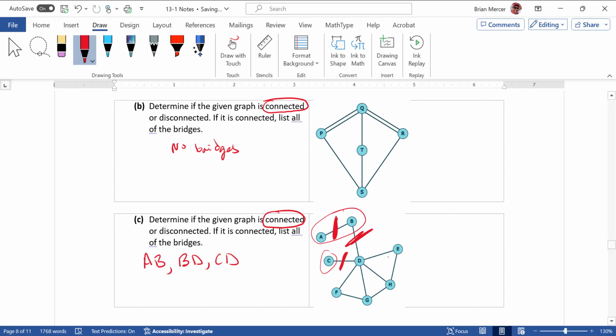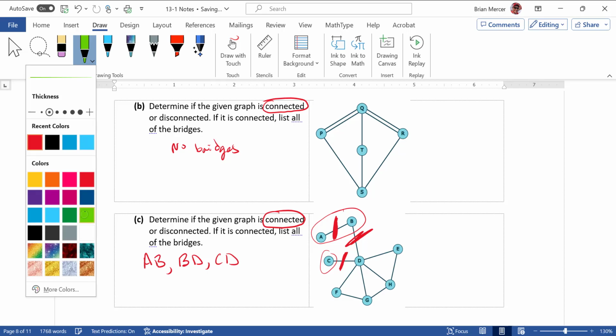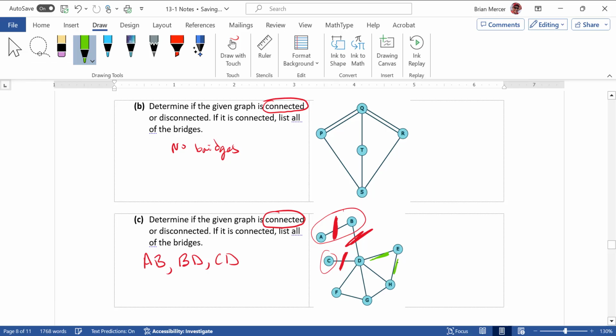But the rest of those edges, and I'll just change colors here, I'll put those in green. If you look at this one, or this one, or this one, any of those edges, if you took just one of them out, you would still have those points as connected. So these are all the bridges that exist in that connected graph.